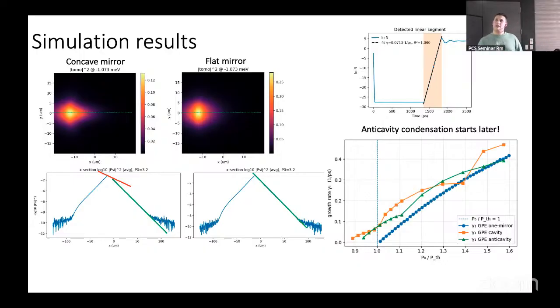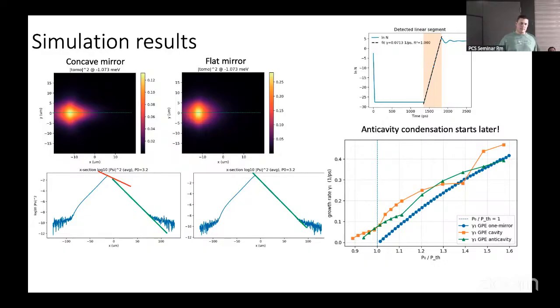One of them is concave, and the second one is a flat mirror. At the bottom, you can see the particle density distribution cross-section in logarithmic scale. For the flat mirror, we see just one negative slope. For the concave mirror, we see two segments with significantly different slopes. And the red one is the area where polaritons focus.